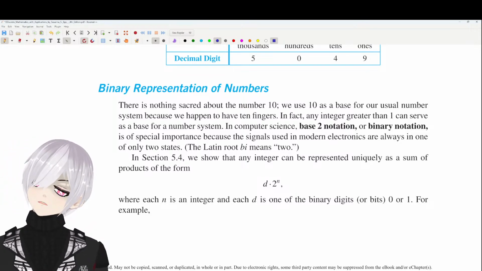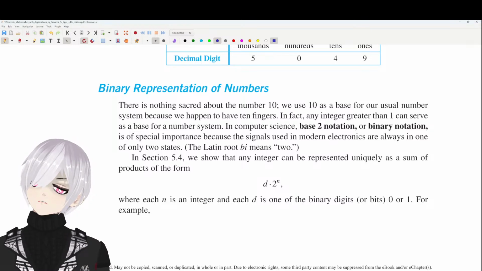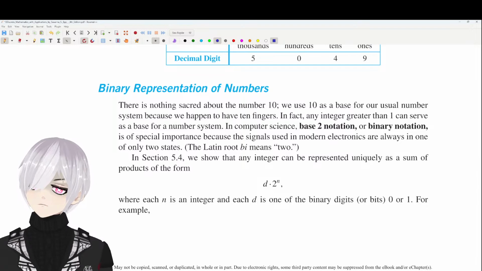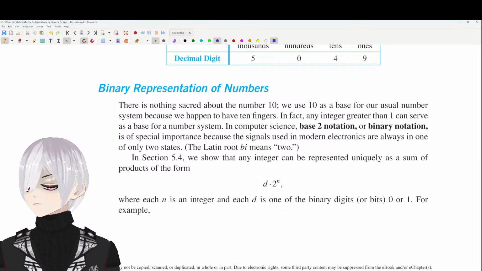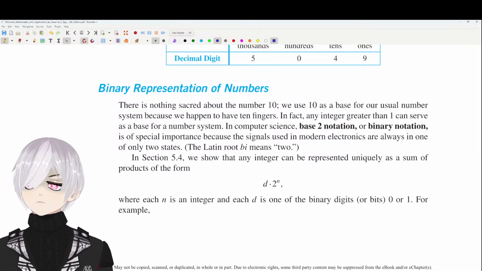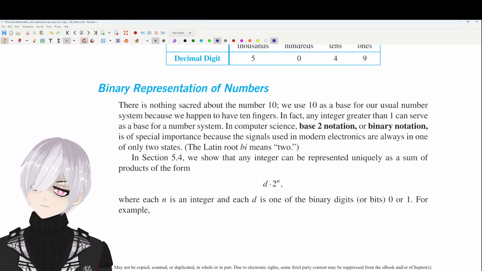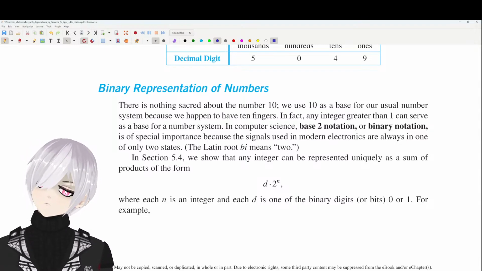Although now that I think about it, a base one system maybe technically wouldn't work at all, because the idea of the system is that you have to be able to write every number as some digit times a place. For decimal, you have something times the ones place, something times the tens place, something times the hundreds place.